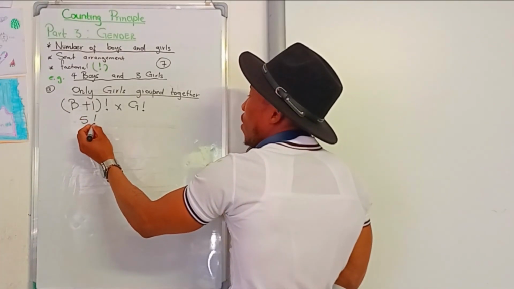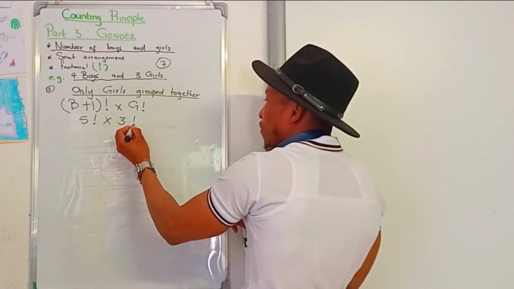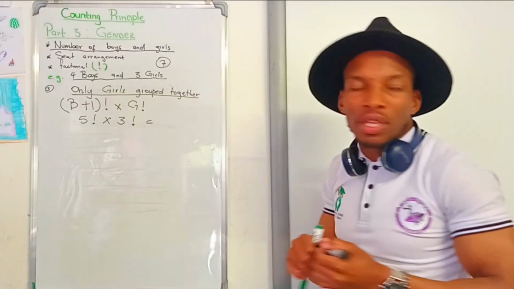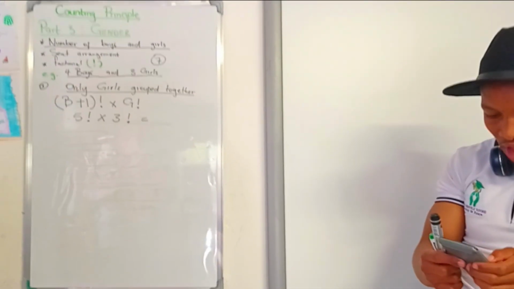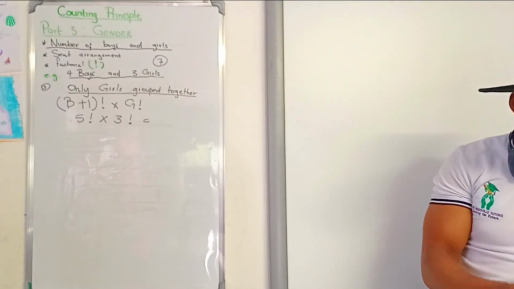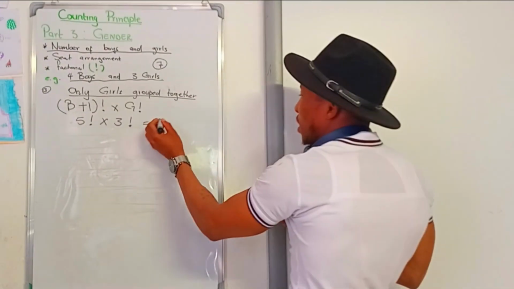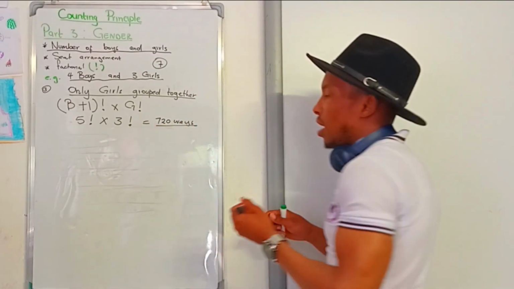Then you're going to have 5 factorial times the number of girls, which is 3. Then you have 3 factorial. Then after that you punch your calculator. You're going to get 5 factorial times 3 factorial, which is going to give you 720. It is 720 ways.